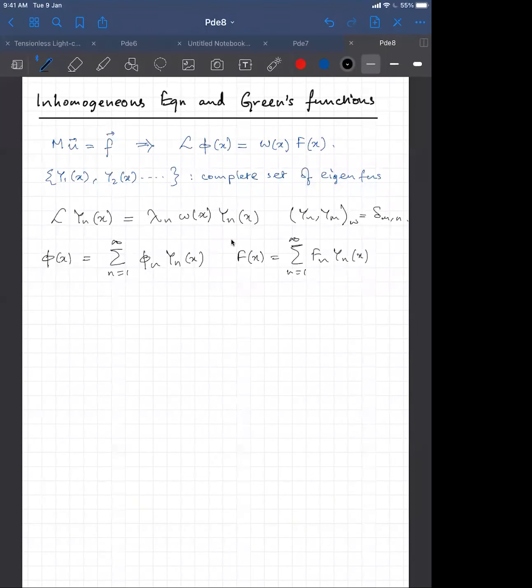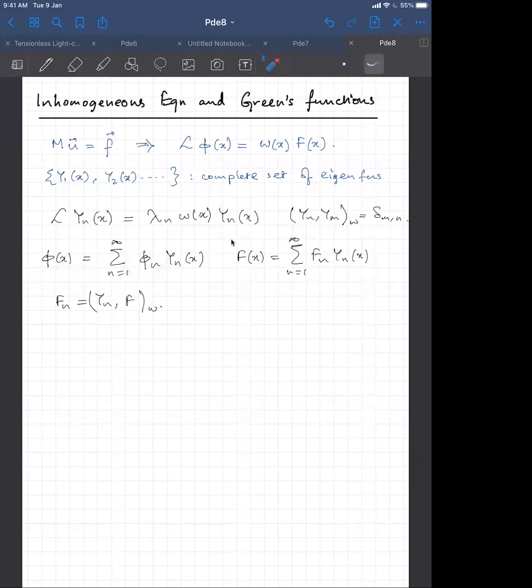As in the matrix case, we are going to assume that f of x is known. So since f of x is known, fn is also known. Remember, fn is the inner product of yn with f, with the weight factor w. While we want to obtain phi of x, that is, we want to obtain phi n.